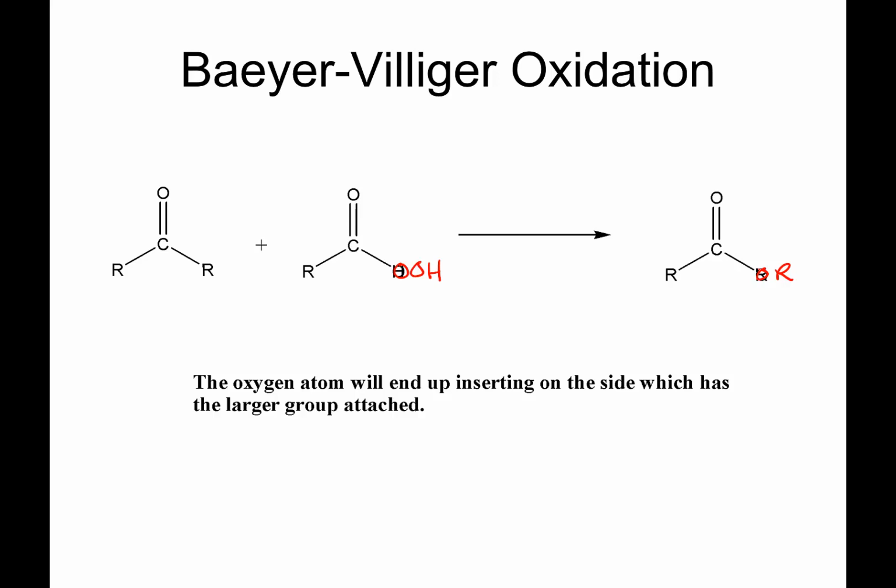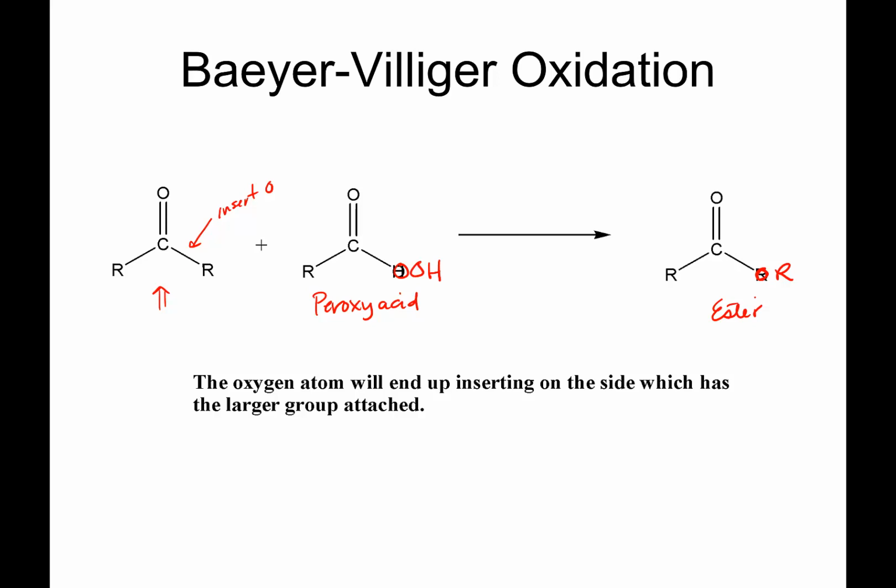What I'm going to do is react a ketone, and this is only for a ketone, with our friend, the peroxy acid. And what's going to happen is I'm going to insert an oxygen in between the carbonyl and one of the two alkyl groups, and I'm going to make an ester.